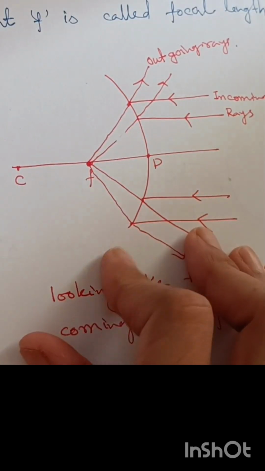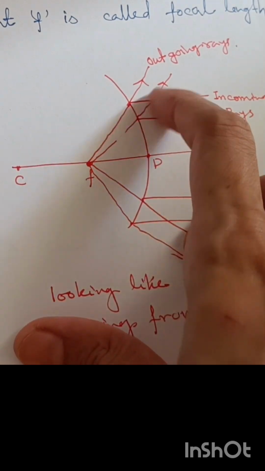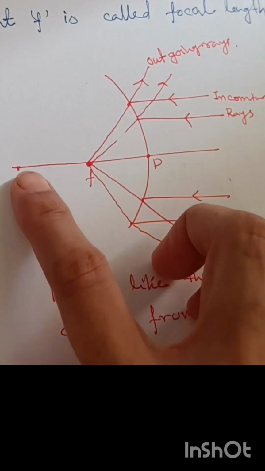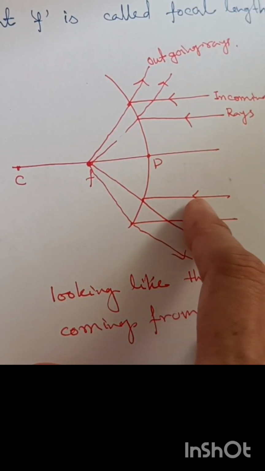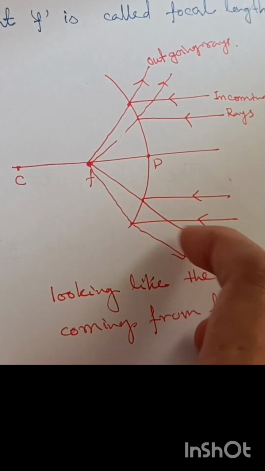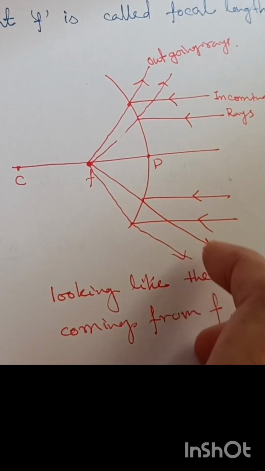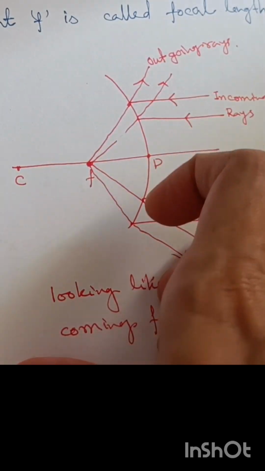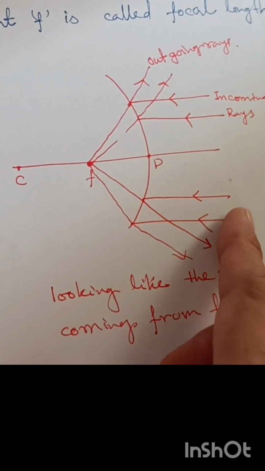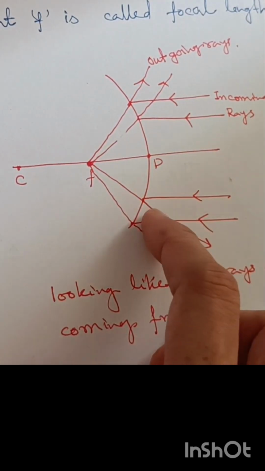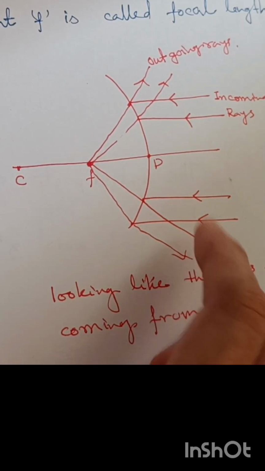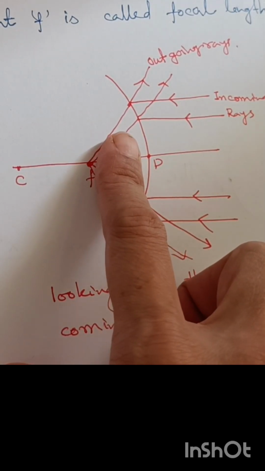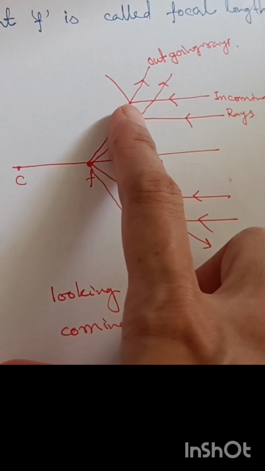There is a convex mirror. This side is the reflective surface. This is the principal axis, and all the rays coming from infinity, after reflection, go out on this path. This is coming in, this is going out, and the rays are not meeting. So how will the image form?